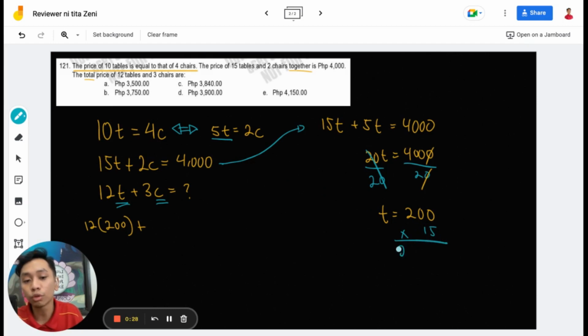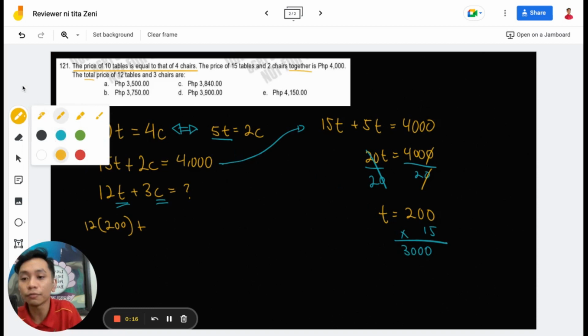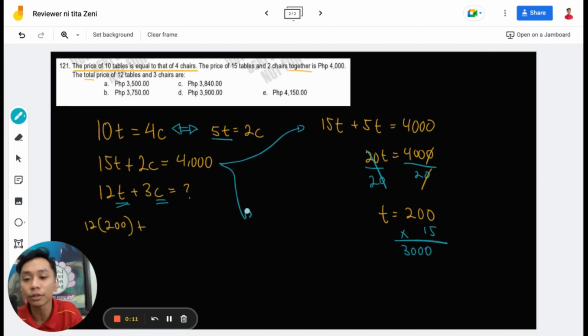That would give you 2,000, of course. Tapos yung kalahati nun would be 1,000. Yun yung 5. So, mabilis mong maisusulat yung 3,000. Trying to save time. 3,000 ngayon yung 15 tables. So, we have another version of this equation. That's 3,000 added by 2 chairs equals 4,000.